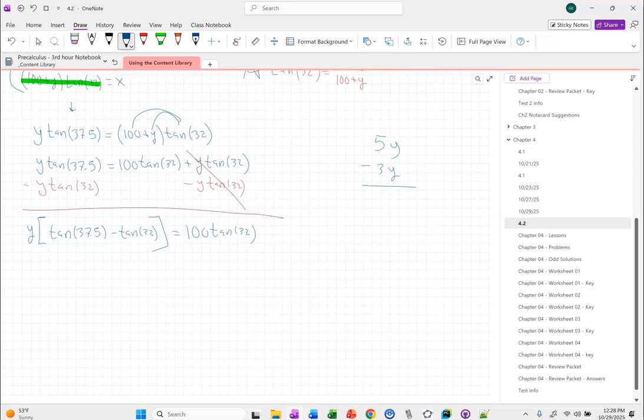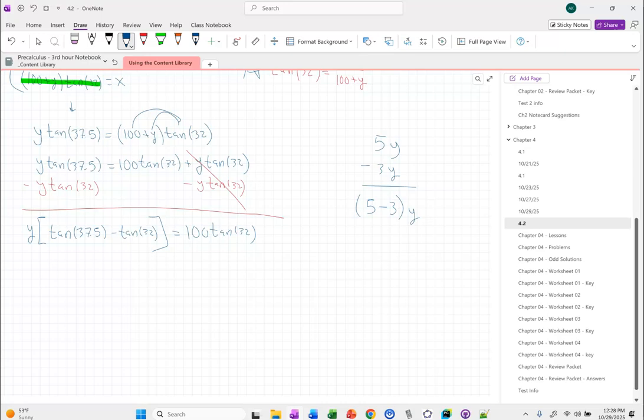How'd you get the 2? I have 5y minus 2y, so I have 5 minus 2, times y. Remember, the tans are just a number. They're a lousy, crummy decimal, but they're just a number.